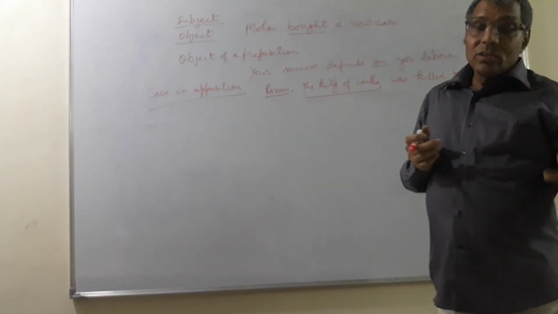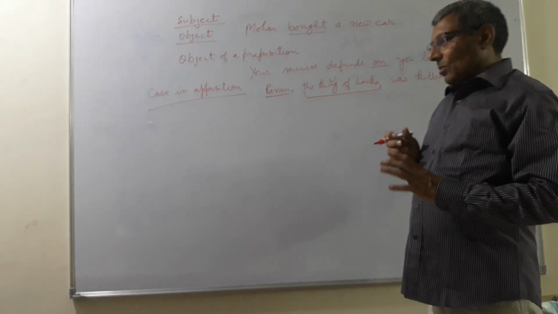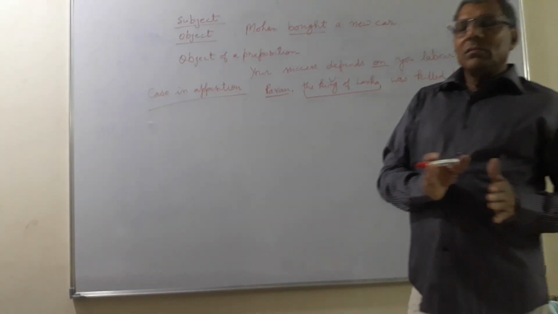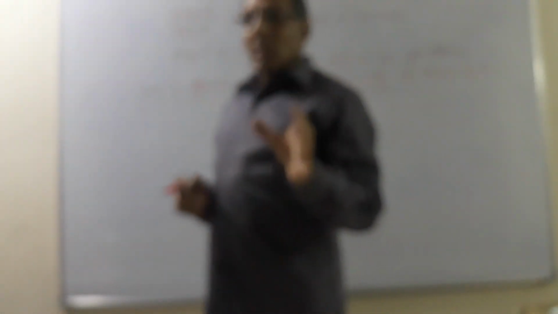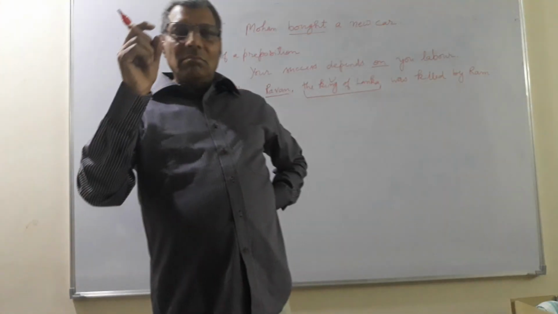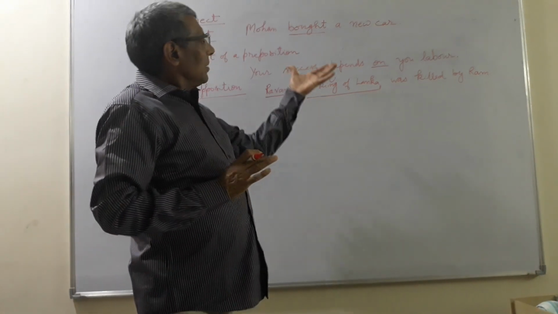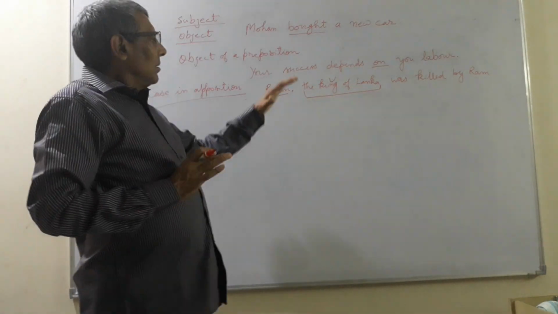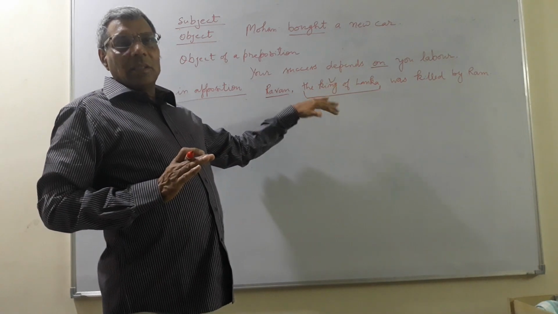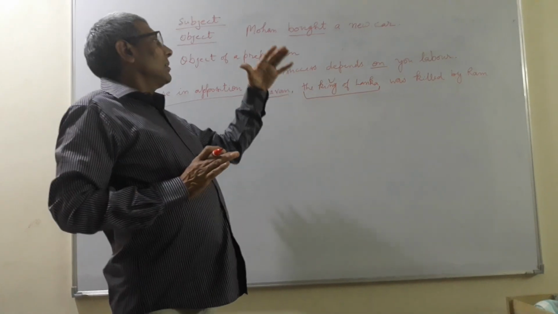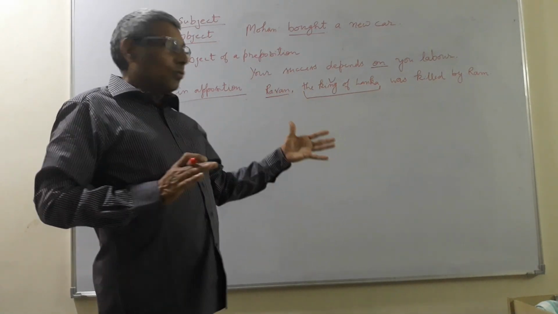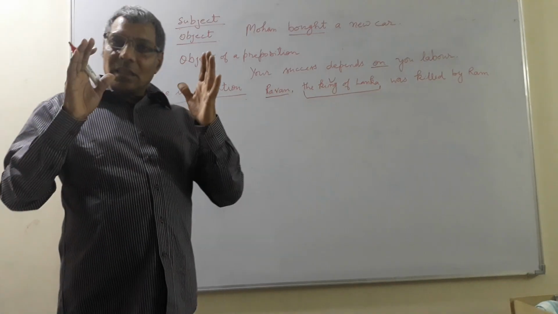There are other clauses also, adverb clause, adjective clause. These 3 clauses are called subordinate clause or dependent clause. Why we call them dependent clause? Because they depend on a principal clause to make their meanings clear.